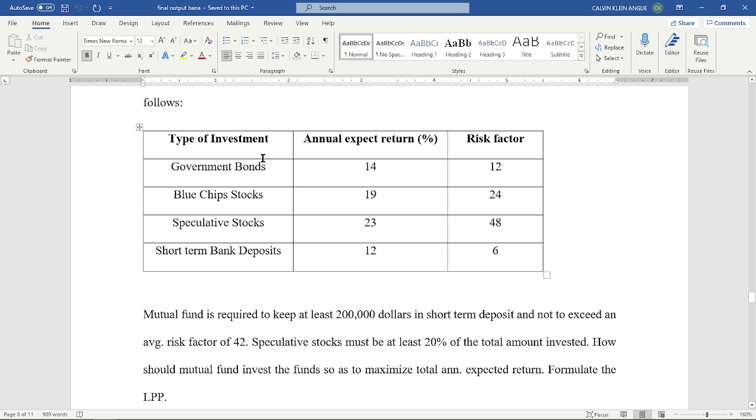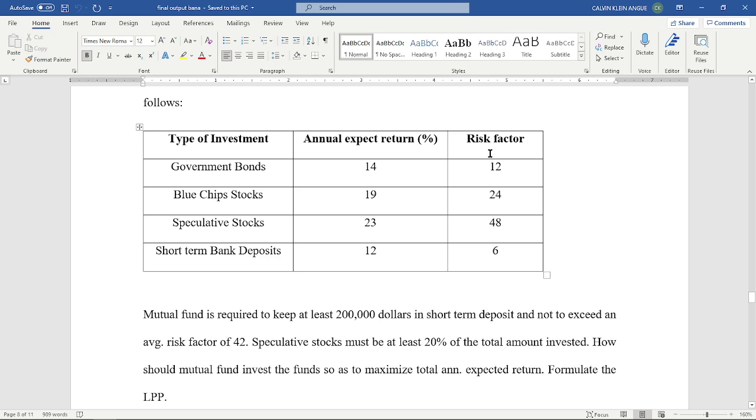So the types of investment are government bonds, blue chip stocks, speculative stocks, and short-term deposit box. The annual expected return in percent is 14%, 19%, 23%, and 12% in short-term deposit box.